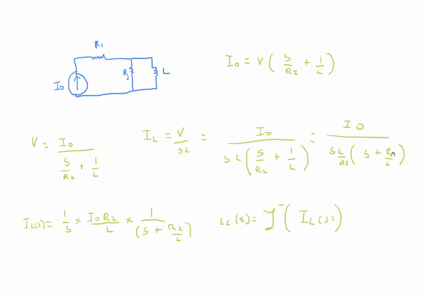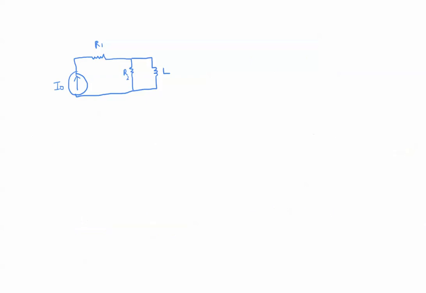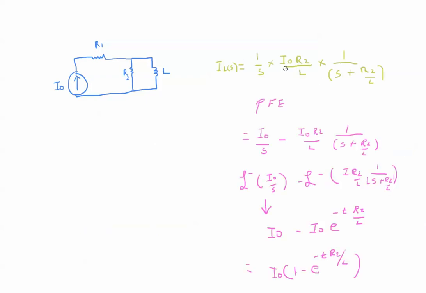Let's break this equation up. 1 over S means there's a step function in there somehow, which means we're going to get an exponential approach. Then I have I naught scaled by something, and the inverse Laplace will give a decaying exponential.